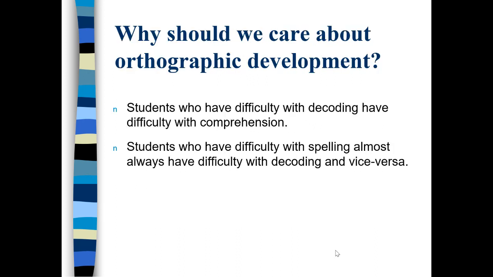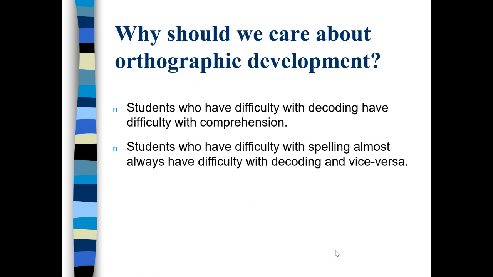Why do we care? Because every student learns differently, and some might struggle with learning letters, letter sounds, the relationship to those letters and sounds and how they make words, and then decoding how those words make meaning.